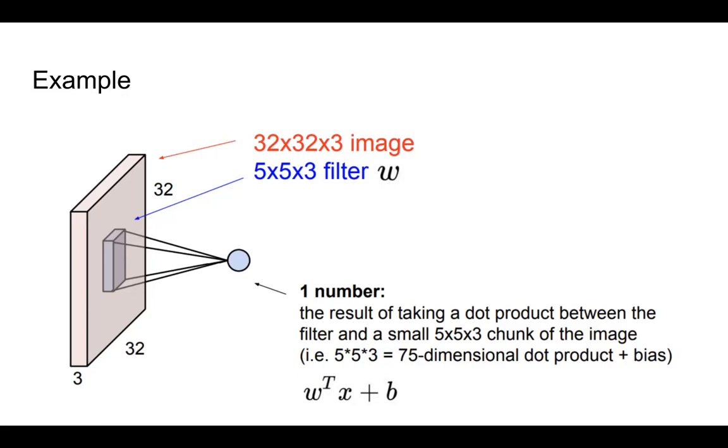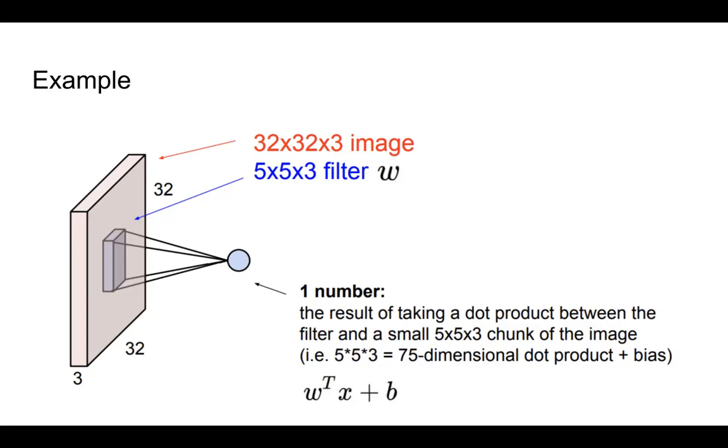No, the value. So no, there are not 25 values. The filter size is 5x5x3, so there are 75 values getting multiplied with 75 values from the image.